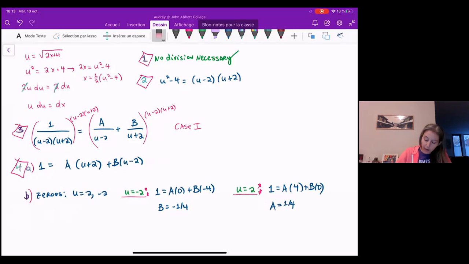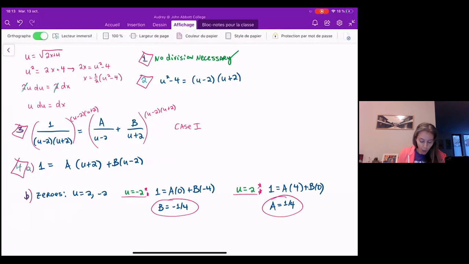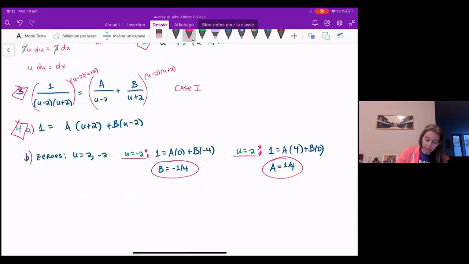So I solved for a and b. Because this was case 1 and not case 2, I didn't have to plug in a u value that was not a 0. I was able to solve for both of my numerators using only the zeros of the denominator. We saw in case 2 that sometimes we might have to plug in another u value of our choice. Not in this case.